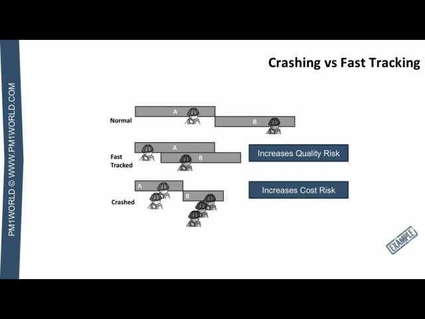The problem with fast tracking is that it could result in rework and increased risk of quality problems. And fast tracking only works when activities can be overlapped. And of course, you need to take a look at which activities those are. Sometimes activities that have a discretionary dependency could be good candidates to start and look if you needed to overlap or fast track the work.